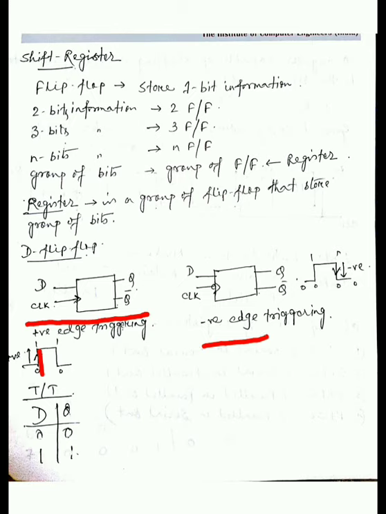Negative edge triggering means when the clock changes from 1 to 0, in the downward direction, and positive edge means in the clock upward direction. It does not matter whichever clock pulse we give. So if in the diagram there is a circle at the clock pulse, it shows negative edge triggering, and if there is no circle at the clock pulse, it is positive edge triggering.